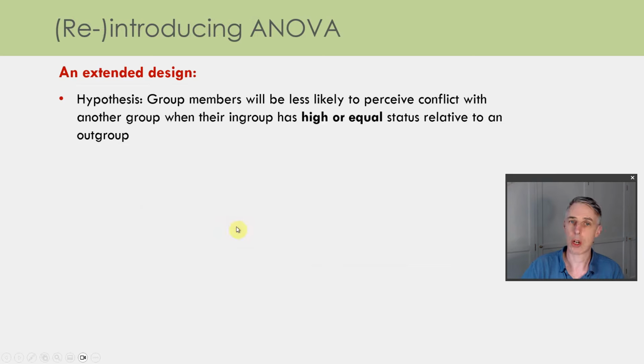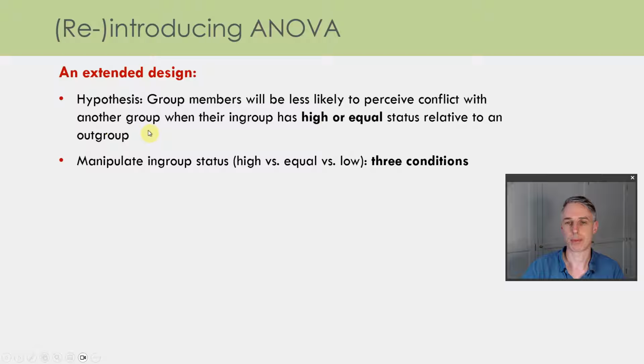All right, so let's go back to our research question and make it slightly more complex in terms of the hypothesis or prediction. Okay, so here we're suggesting or testing the idea that group members will be less likely to perceive conflict with another group when their own group has high or equal status relative to another group. Okay.